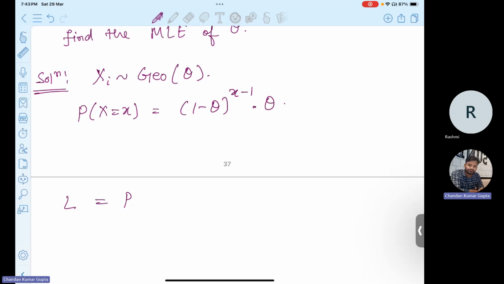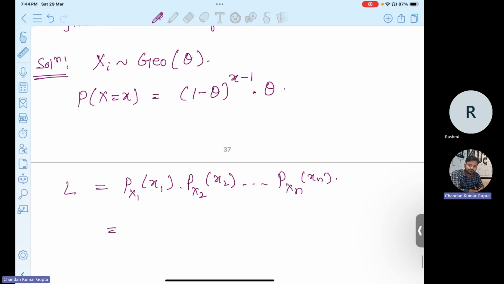So it is the probability mass function of x1, into the probability mass function of x2, and so on up to the probability mass function of xn, because we have considered n random samples. Now putting those values in, 1 minus theta is repeated n times, and theta is repeated n times.